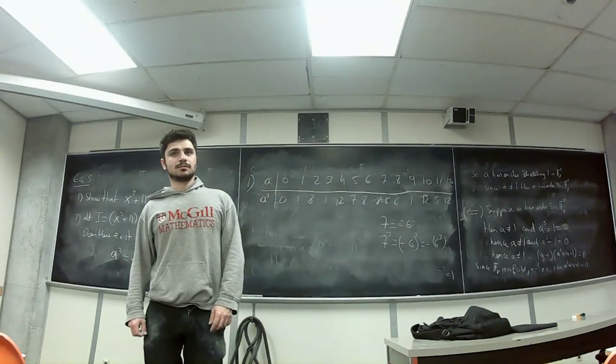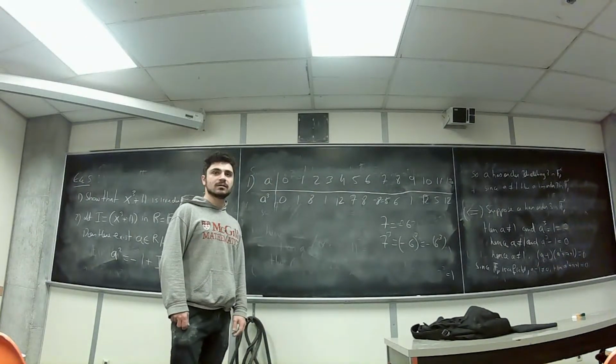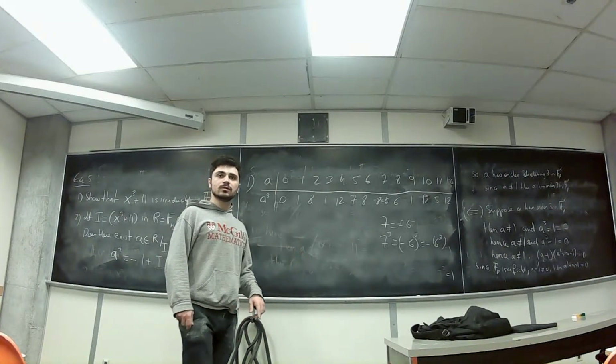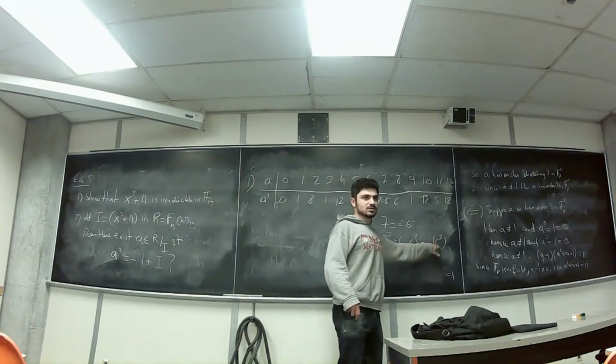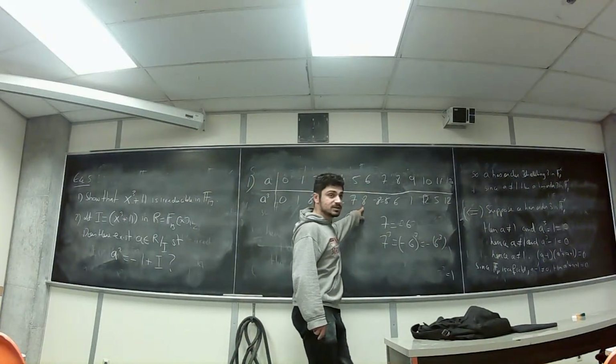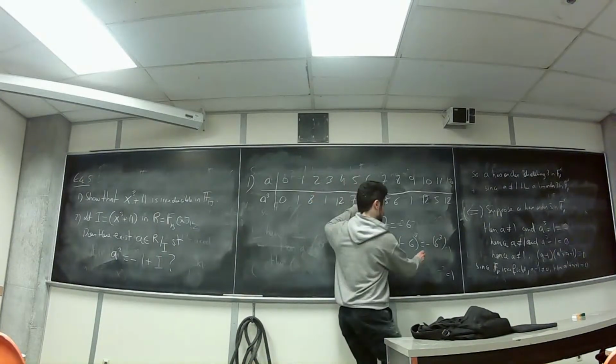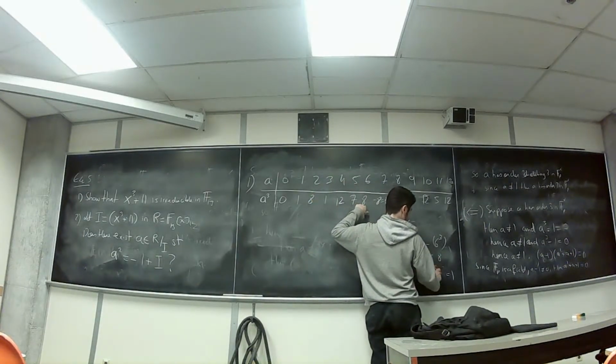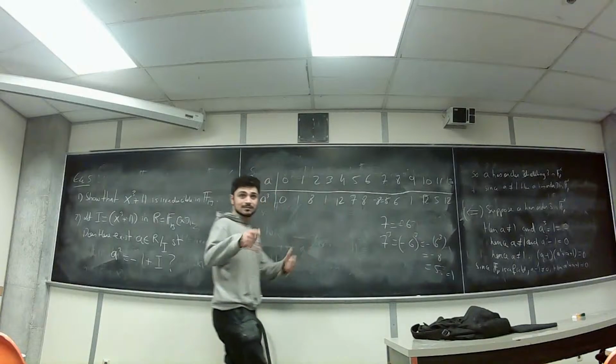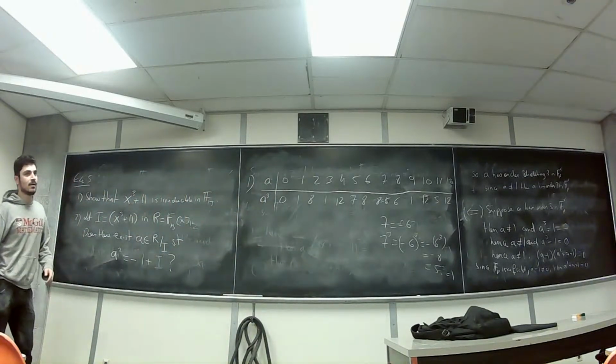Distribute the cube: you get minus 1 times 6 cubed. Now what is 6 cubed? 8. Oh, yeah. Minus 8, which is 5. Yeah, fair enough.